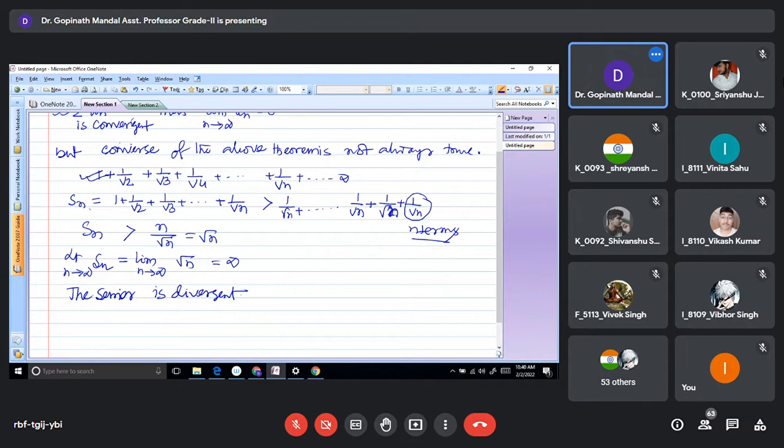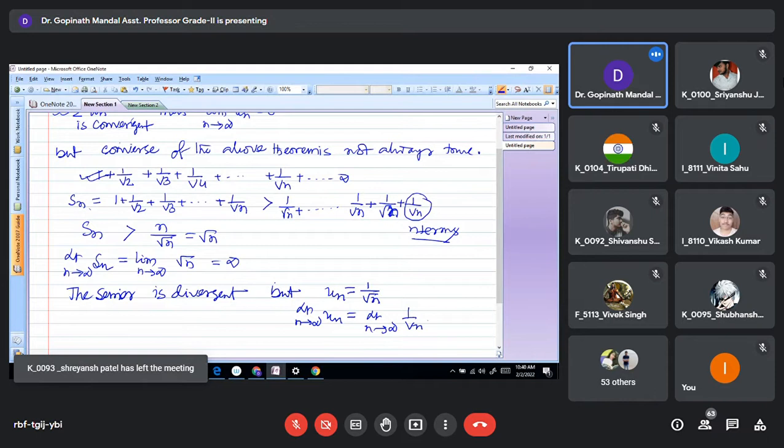But un is 1 by root n, and limit n tending to infinity un is equal to 0. So we see that the converse of the above theorem, that if Σun is a convergent series then limit n tending to infinity un equals 0, is not always true. We proved this by an example.